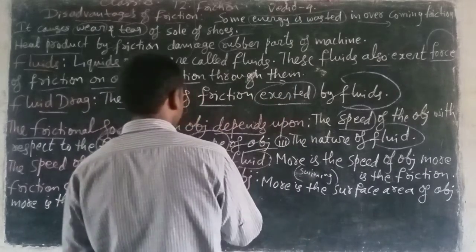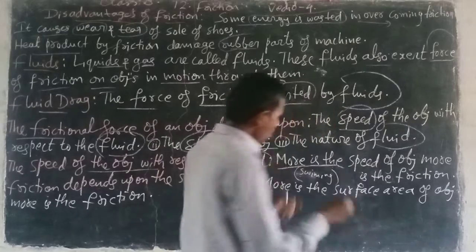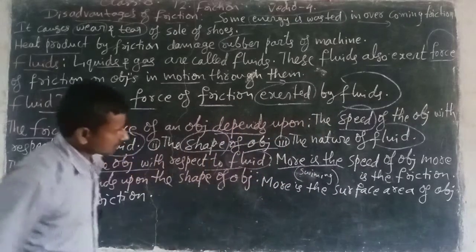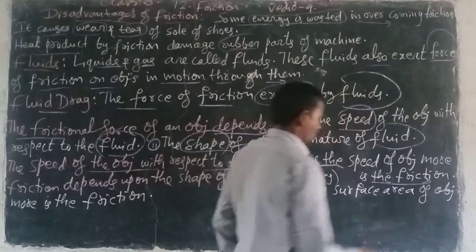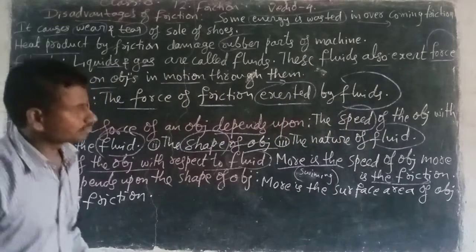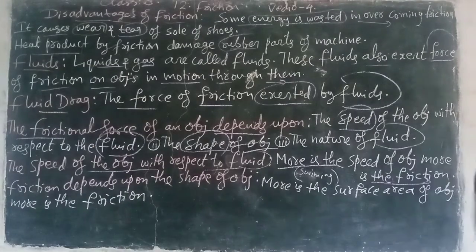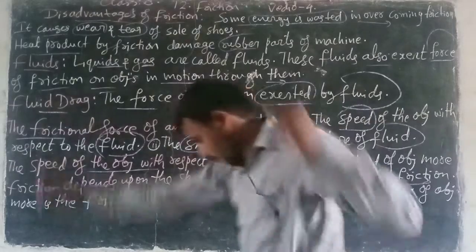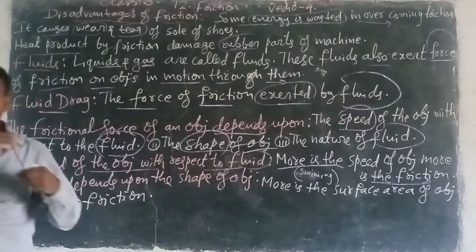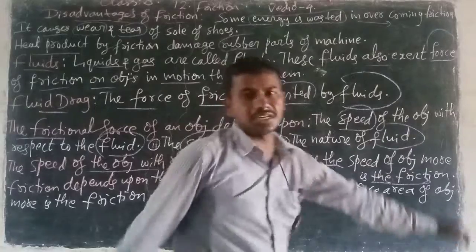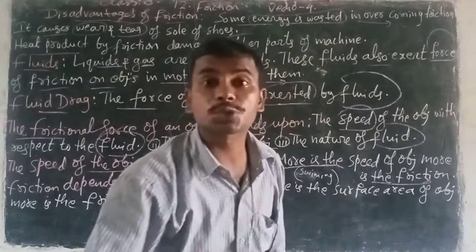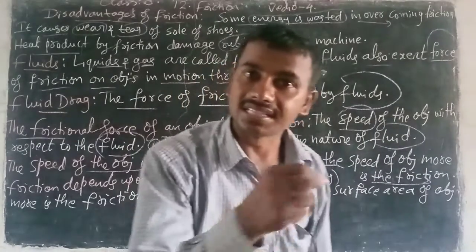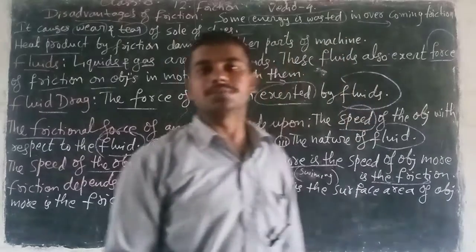The more the speed of the object, the more the force of friction. When a person swims with more speed, there is more friction also.